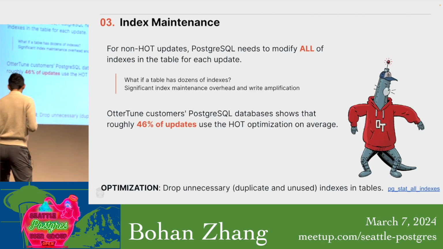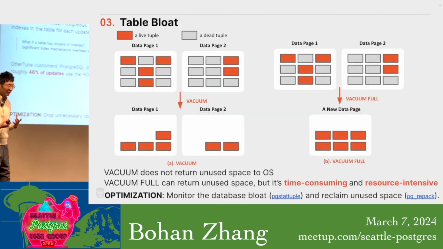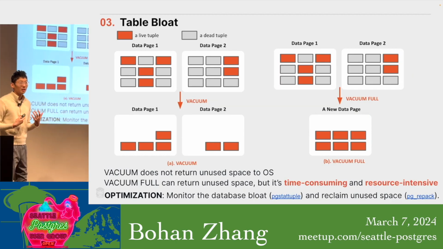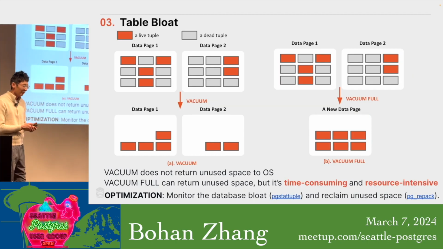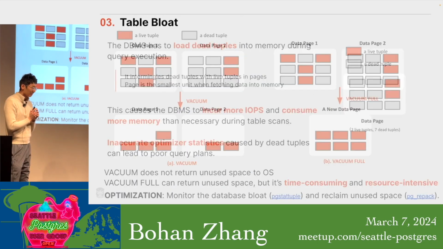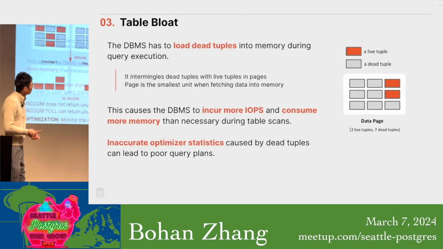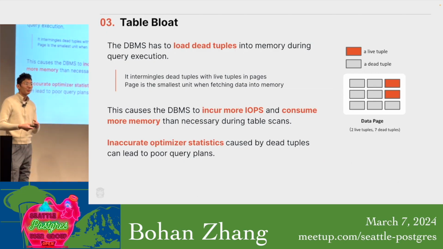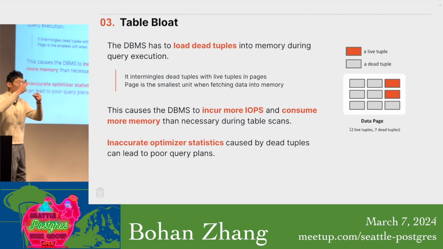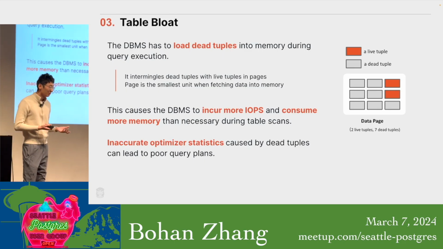So the question is, if your workload is insert heavy instead of update heavy, would the issues I mentioned here still be an issue? I don't think so, because we don't actually have dead tuples around. It only happens when you have multiple versions of the tuple. It only happens when you update or delete your tuples. If you only have insert queries, I don't think it can be an issue.